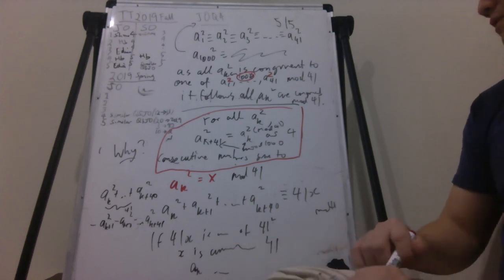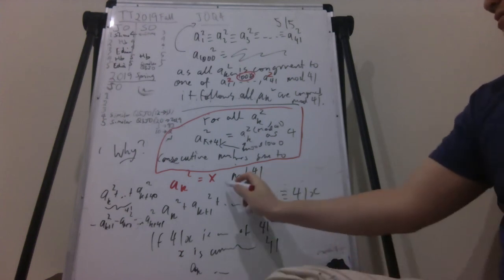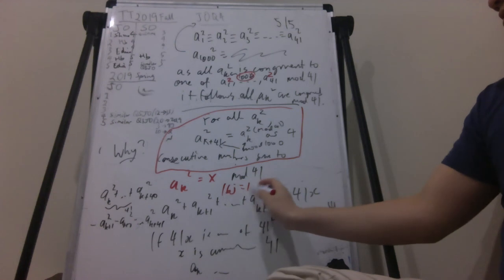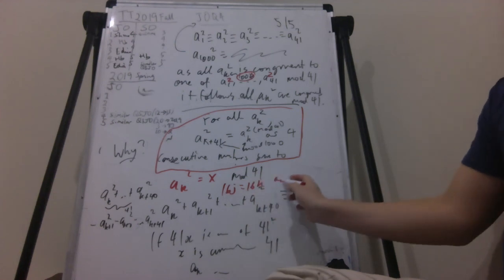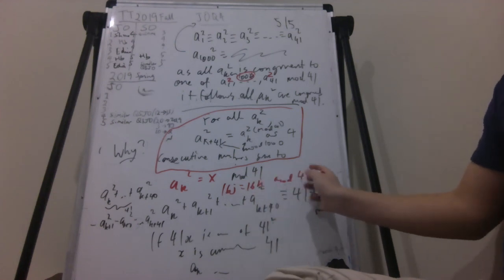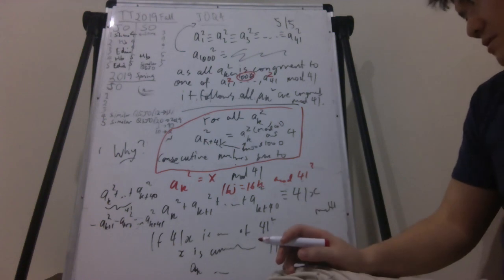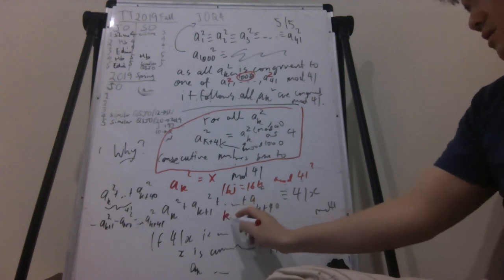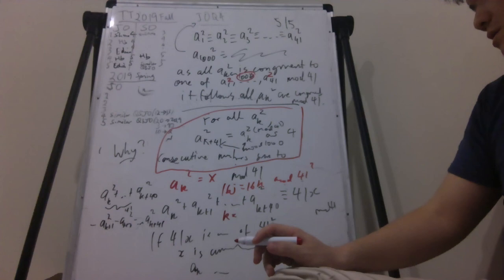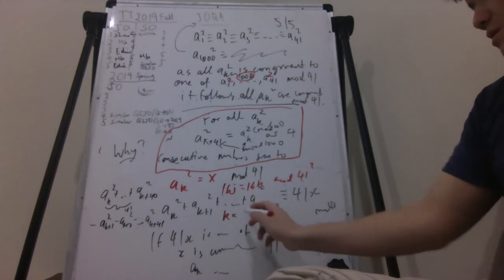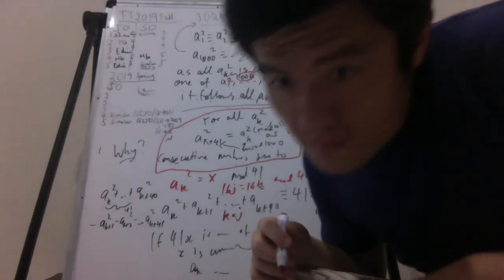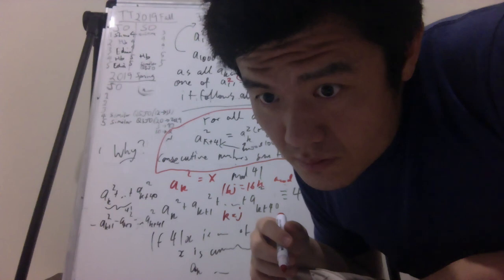So what happens if 16j equals 16k mod 41 squared, yeah? Then k minus j... ah, k equals j. Like the problem said, it was known that the sum of 41 squared is the circle of mod 41 squared.